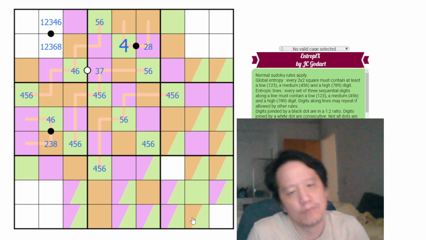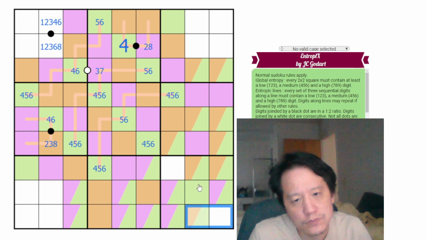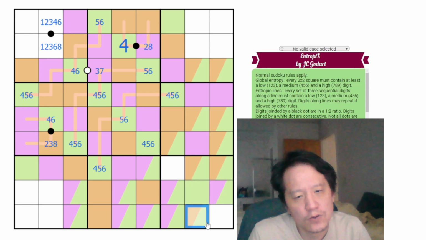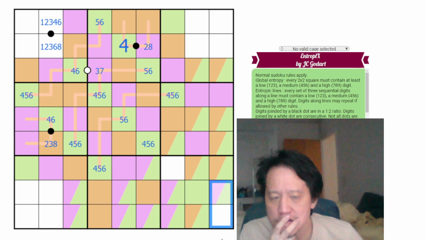Oh, interesting. One of these is orange. One of these is purple.